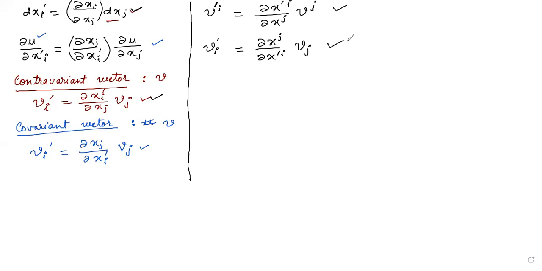Here we are still using the summation convention, and the summation now applies to a pair of indices. Here j is an upper index, and this x_j, since it appears in the denominator, we consider it as a lower index.